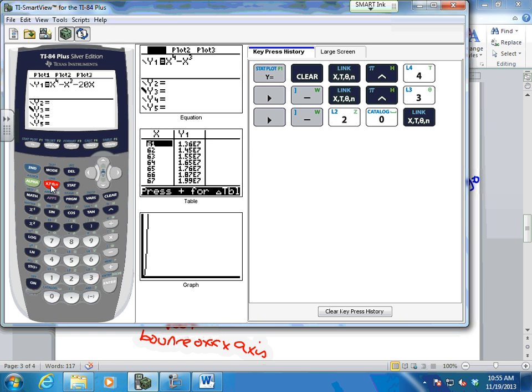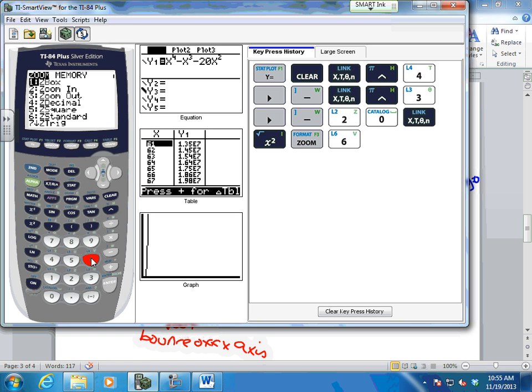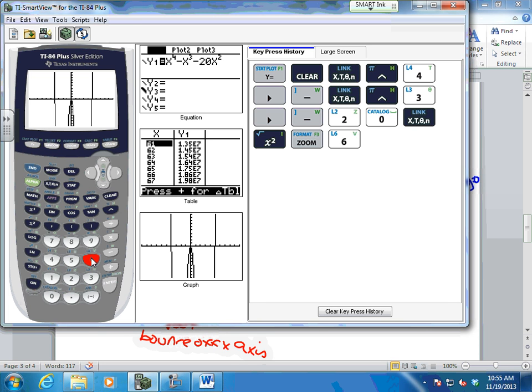Guys, do this with me. Grab a calculator. Make sure you're doing this. Go to a Zoom 6 because you probably did your applications on this. Is that what I expected it to look like? How come I can't see the bottom? What do I have to do? Fix my windows. What should I change? My Y max would be up here. Minimum. Where should I go on my y minimum?